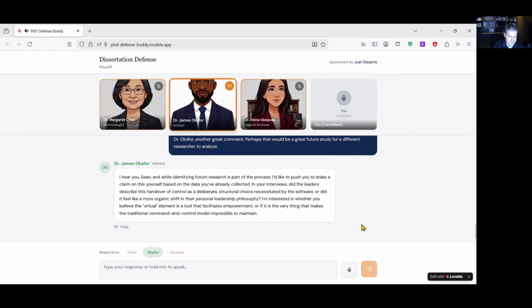In your interviews, did the leaders describe this handover of control as a deliberate structural choice necessitated by the software, or did it feel like a more organic shift in their personal leadership philosophy? I'm interested in whether you believe the virtual element is a tool that facilitates empowerment, or if it is the very thing that makes the traditional command and control model impossible to maintain.